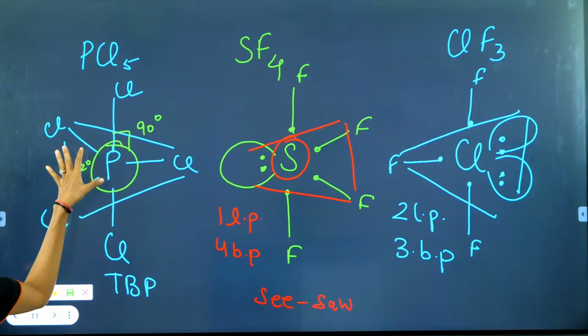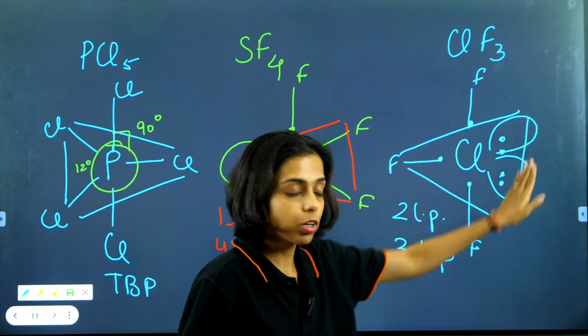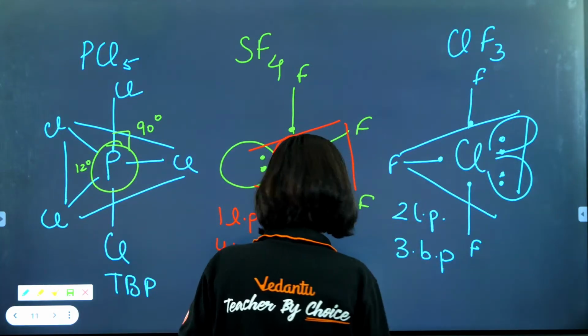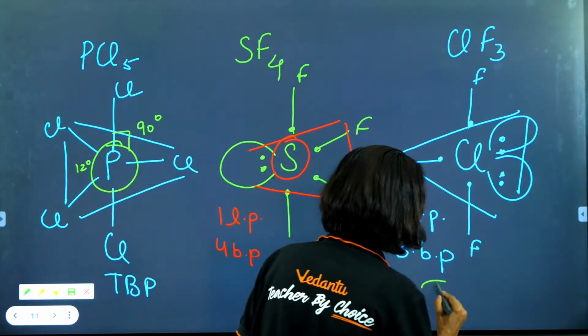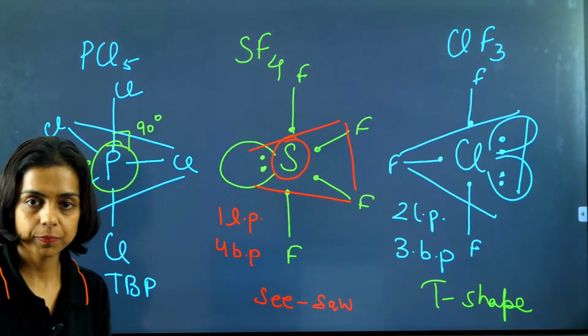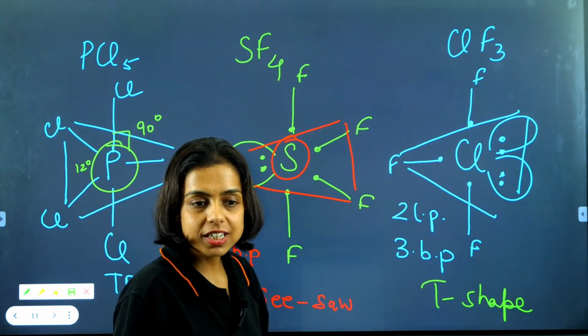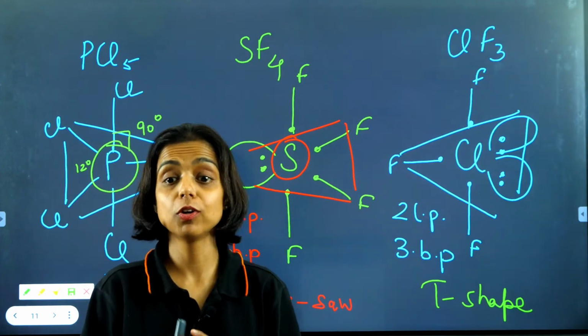They will arrange like this only. But how will the molecule look? These are the electron pairs, they are not bonds. So the molecule looks like this. What do you call this shape, guys? That is a T shape. 2 lone pairs, 3 bond pairs around the central atom. The molecule will look like a T shape.